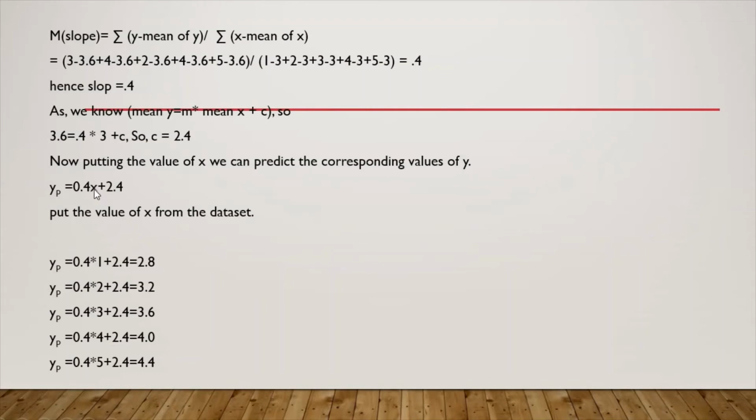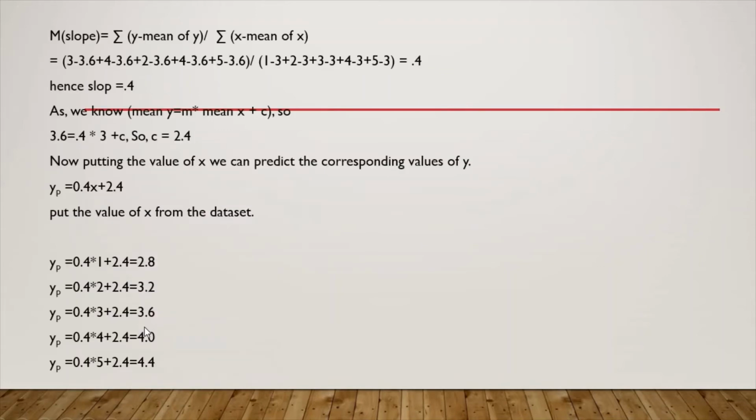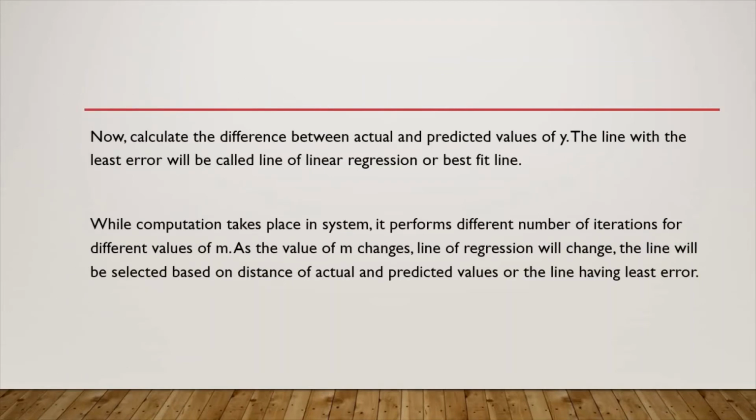And this 1, 2, 3, 4, 5 is the value of x that we have put in this equation, and this is given in our data set: 1, 2, 3, 4, 5. So we have taken that from here, and now we got the predicted value of y as well. Up to this time we have the values of x and y in the given data set.